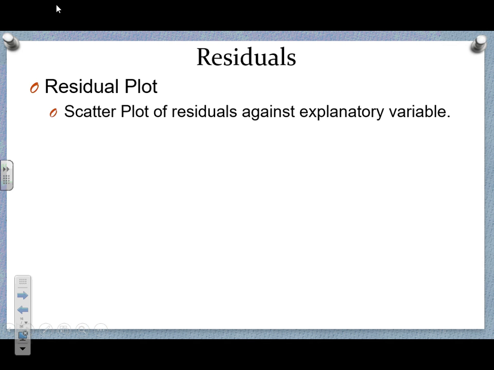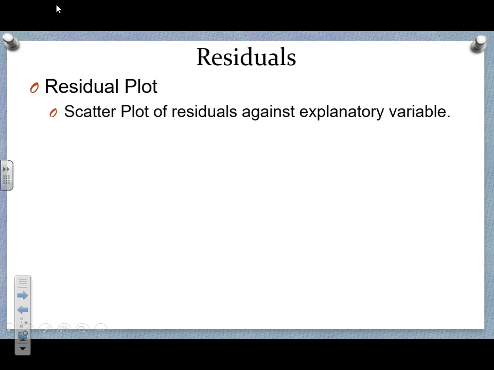Now, the reason we look at the residual plots here is mainly for us to determine if a linear regression model is appropriate or not. One of the things that can happen is you might look at a scatter plot and say, well, it looks pretty linear. I'm going to fit a line to it. But once you fit that line to it, if you look at the residuals, there are times where those residuals will show some sort of pattern.